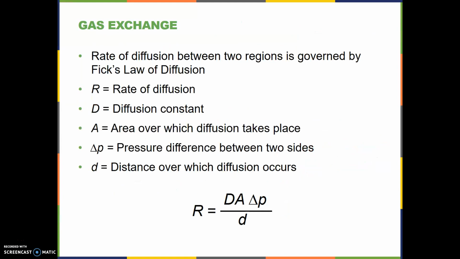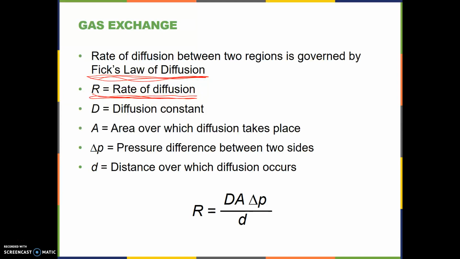The rate of diffusion between two regions, say the capillaries and the alveoli or the capillaries and the tissue cells, is governed by Fick's law of diffusion. So this has got some math in here, even though this is biology. Sometimes we do math in biology. R equals the rate of diffusion, so how fast the diffusion is going to occur.